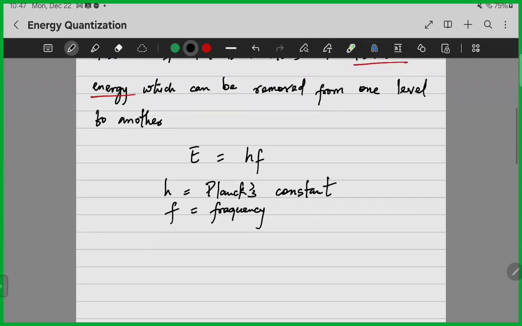Now let's discuss energy level in an atom.